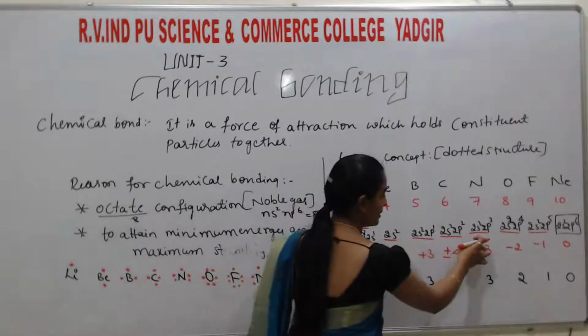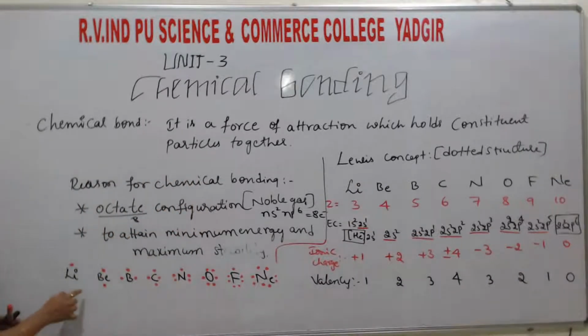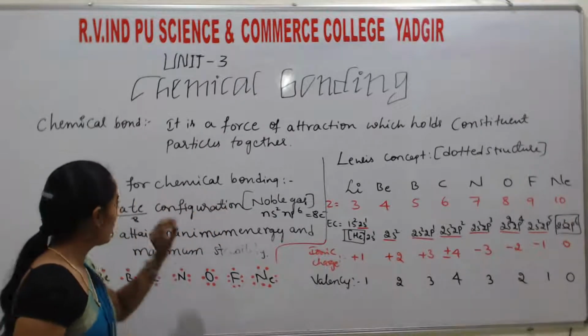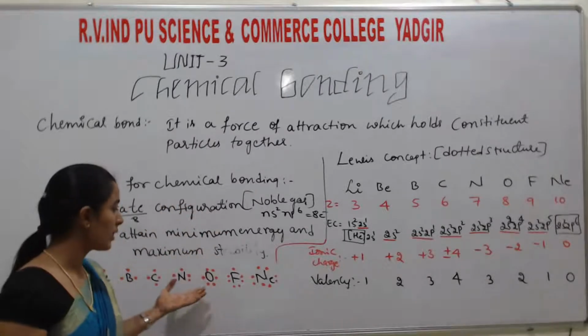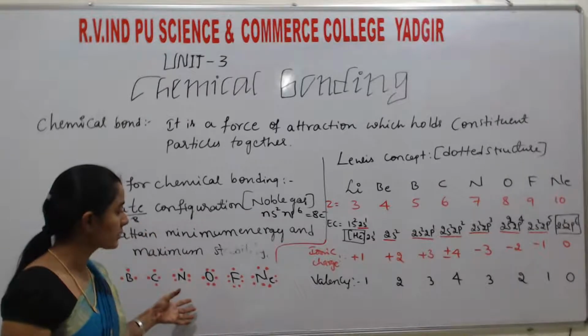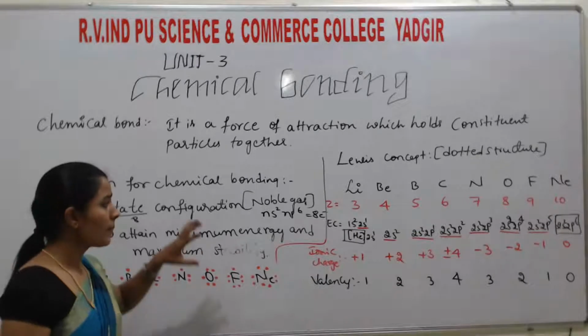What is this? This is the valence shell electronic configuration. This is the way to write the Lewis concept. So this is all about the Lewis concept. This Lewis concept successfully explains the octet configuration. How many electrons are required to make the bond? How many covalent bonds can form? How many ionic bonds can form? Whether the loss of electron takes place or transfer of electron takes place.